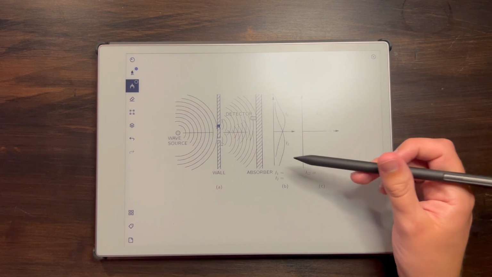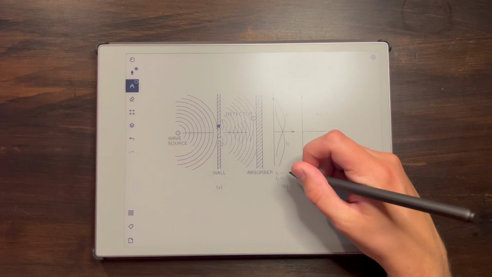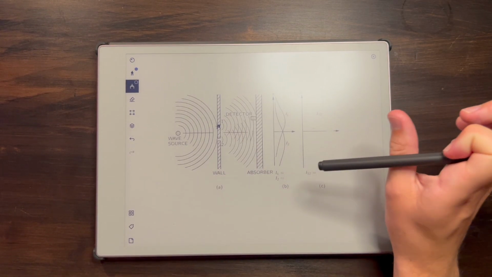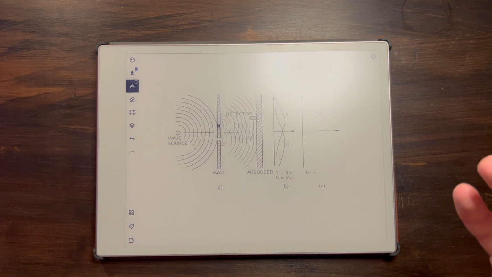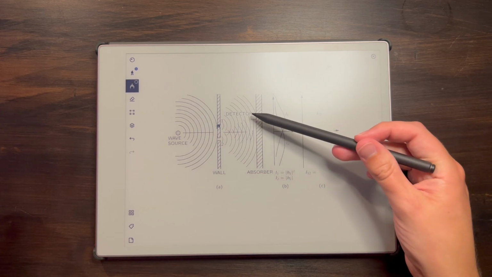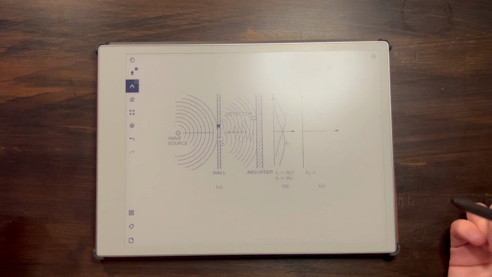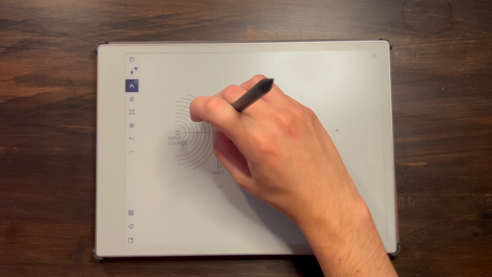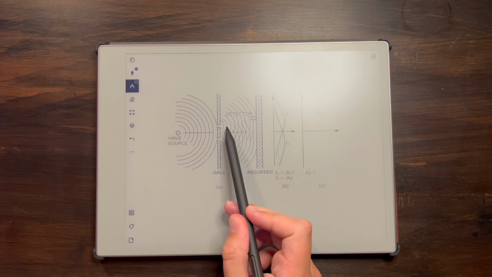The way that we quantify the intensity of a wave is by taking the absolute value of the height squared. The intensity of the wave, which is directly proportional to the energy of the wave, is equal to the absolute value of the height of the wave measured on this wall, squared.